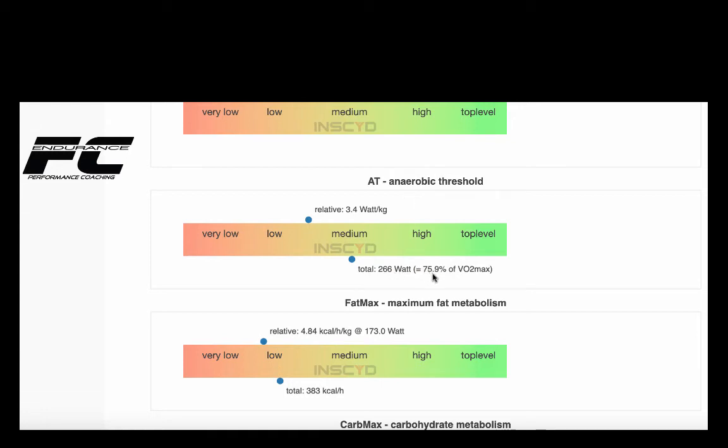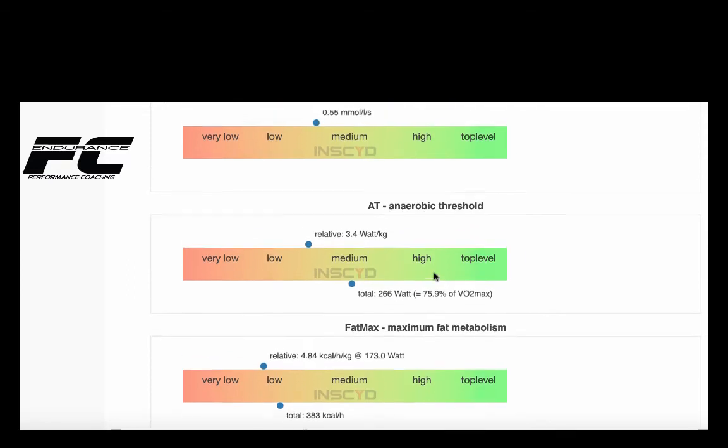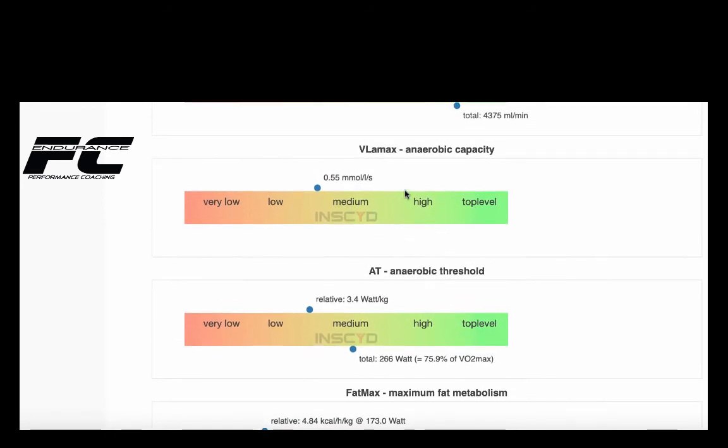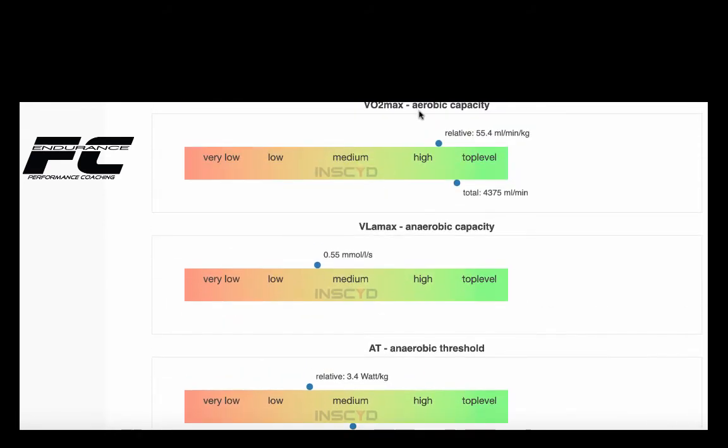You're using, let's call it, 76% of your VO2 max. I'd like to bring that range up to more in the 80%. Okay, and the only way that that's going to happen is an increase in the VO2 or a reduction in VLA or a combination of the two.